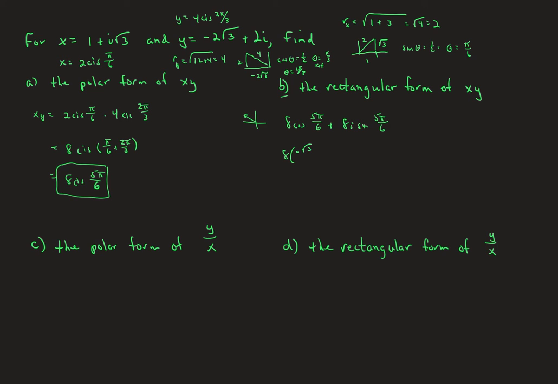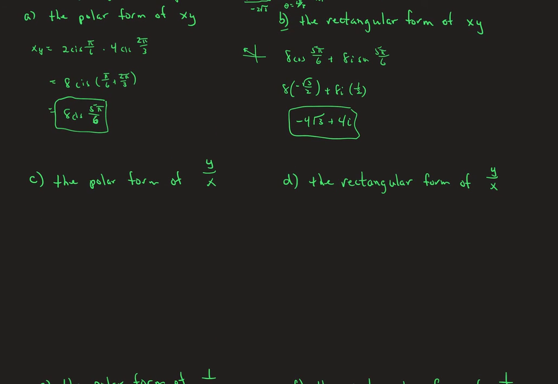In quadrant 2, that'll be a negative square root of 3 over 2. And sine of that is going to be 1/2, and in quadrant 2, that will be a positive 1/2. So that's going to be negative 4 square root of 3 plus 4i, the rectangular form of x times y.